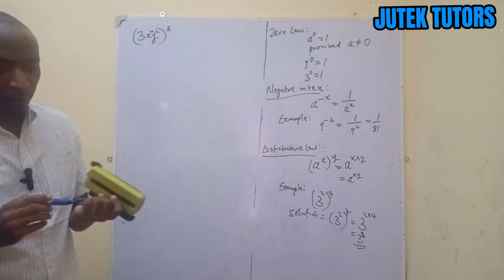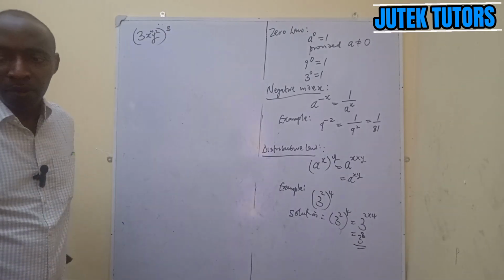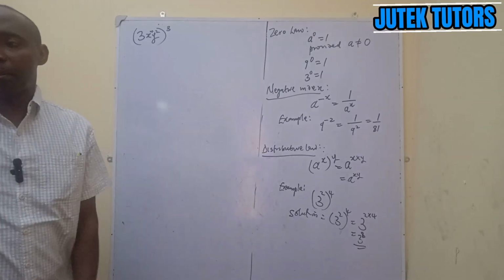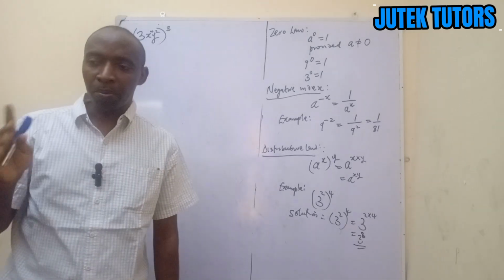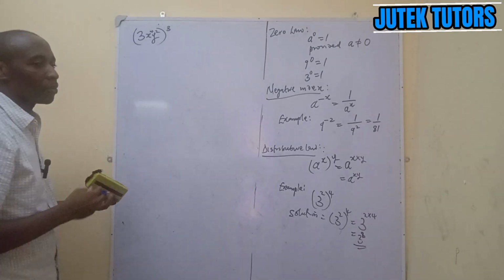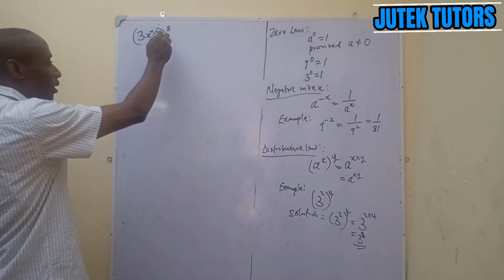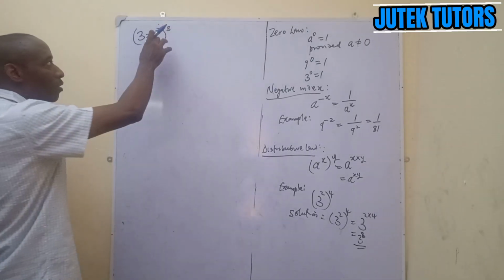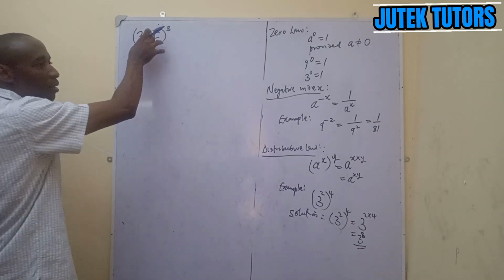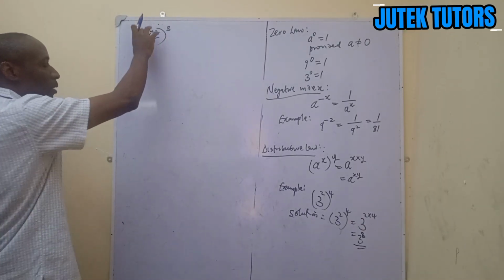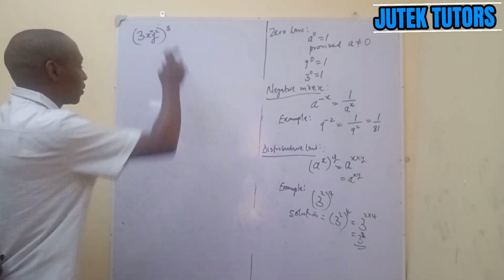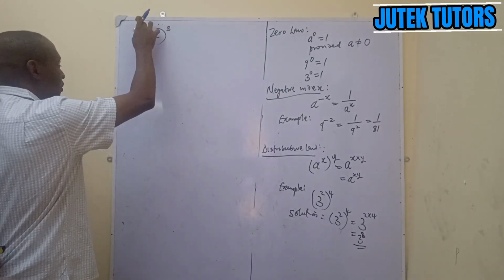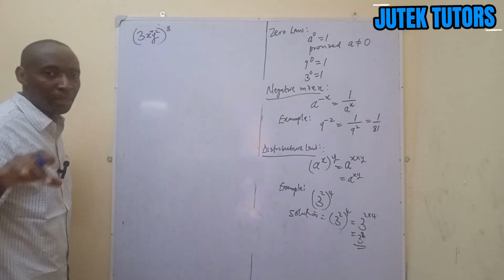How do you solve it? You can see in this problem that the 3 that is outside the bracket affects all the components inside the bracket, because this 3 is distributed to all the components in the bracket.